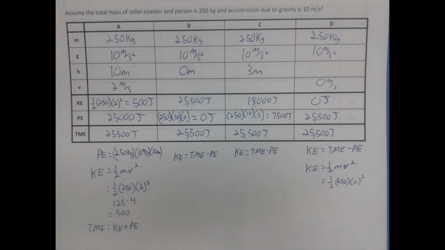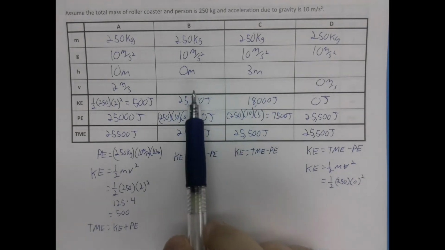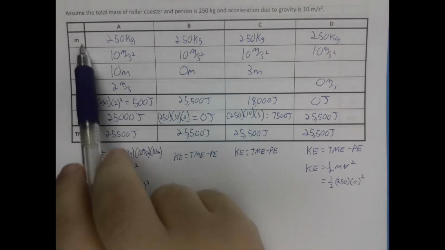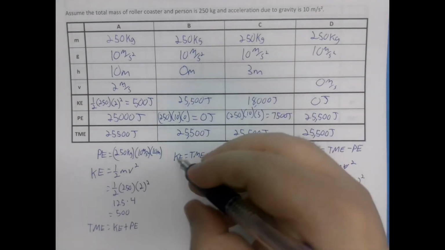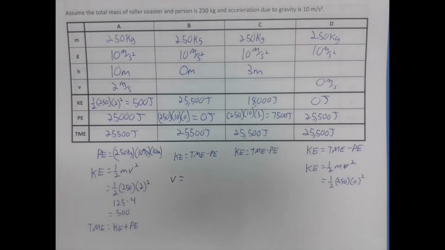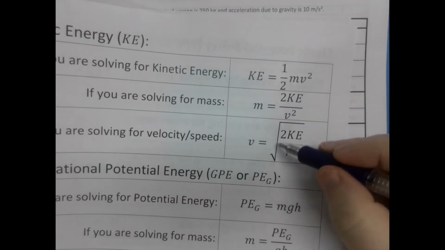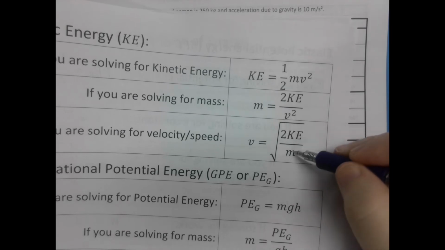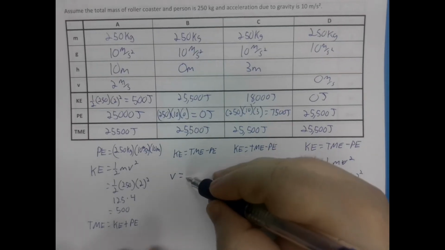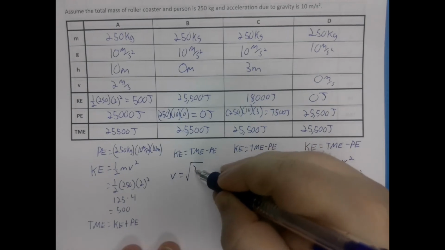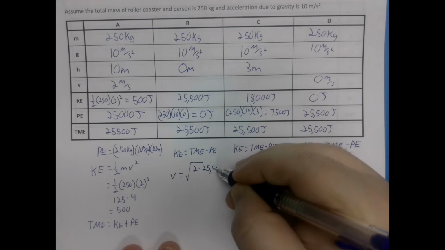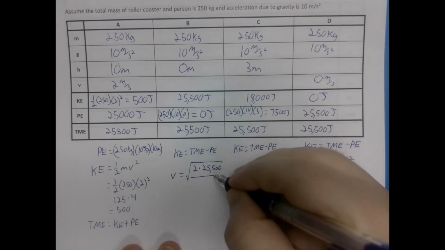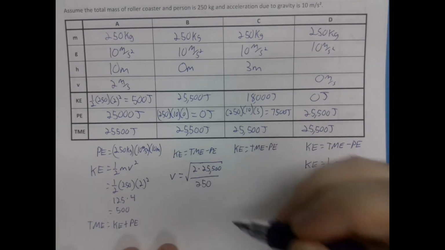So now we have almost the entire table filled out. For the last problems, you're going to have to refer to your formula. So velocity is equal to the square root of 2 times kinetic energy divided by mass. So velocity is equal to the square root of 2 times the kinetic energy, which is 2,500, divided by the mass of 250.